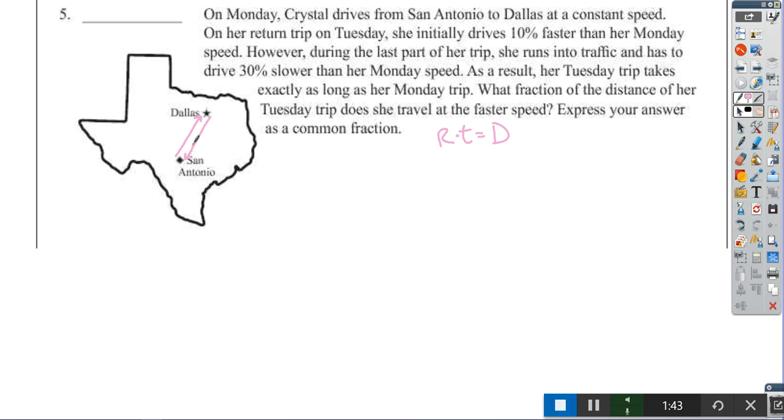One part is the fast part and one part is the slow part. So if my average speed here is 1, then when I'm going fast, my fast speed is going to be 10% faster than I was going originally. So 1 and 1/10, or 1.1. The part where I get stuck in traffic is going to be 1 minus 0.3, so 0.7. So that's the first thing that I have to acknowledge.